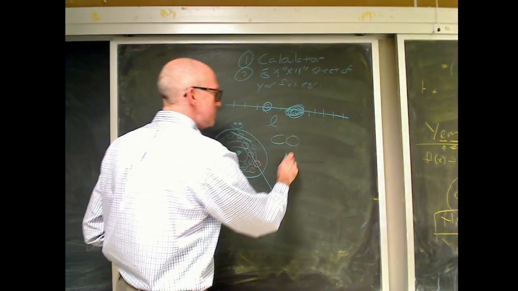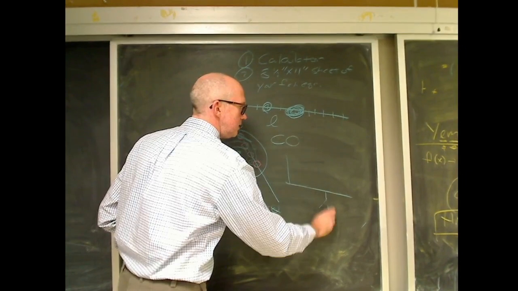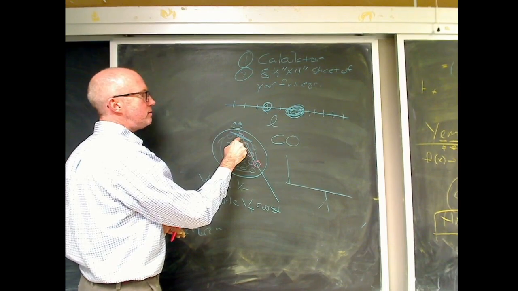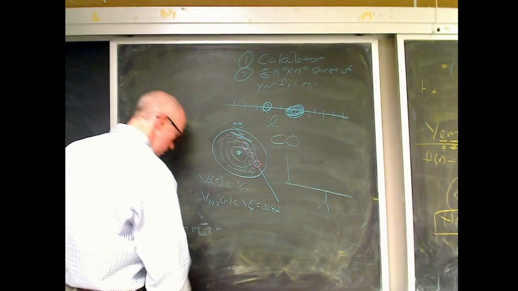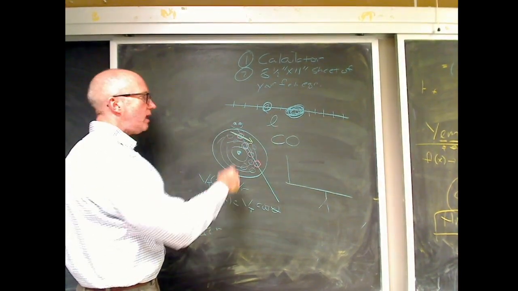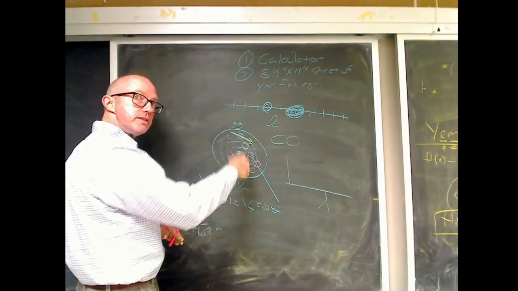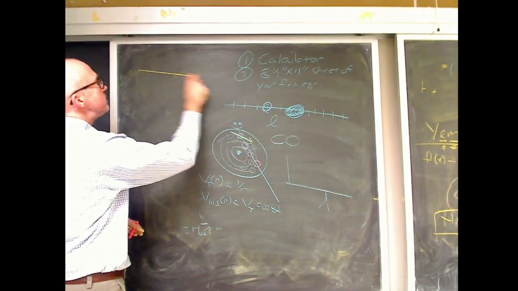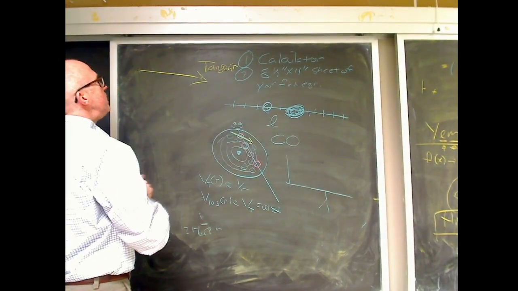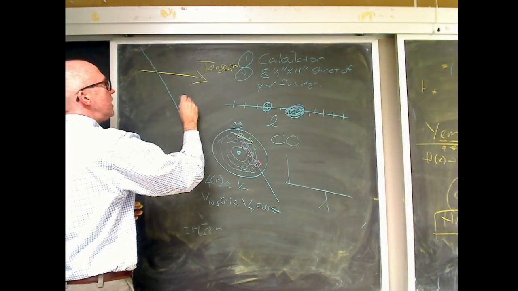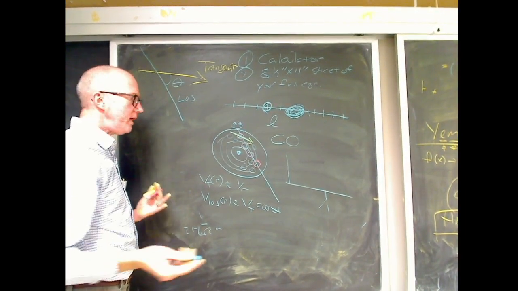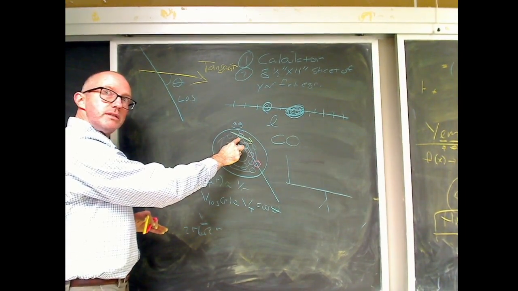When I make my radio map, where is the angle exactly? This cloud here is moving with this velocity because it's on a circle. I'm not viewing this velocity, I'm viewing this velocity. Here is the tangent, and here is the line of sight, and this angle downweights the velocity that I measure for this cloud.